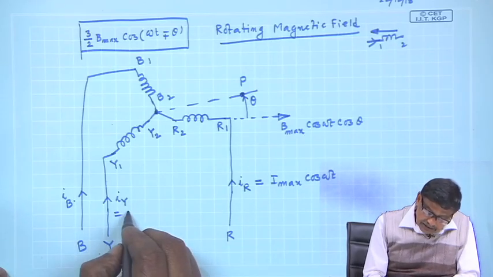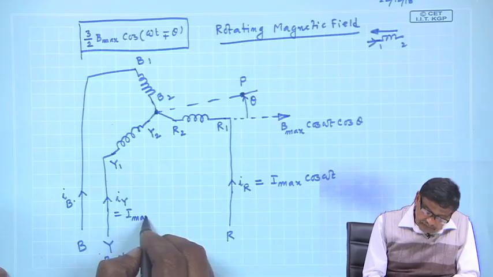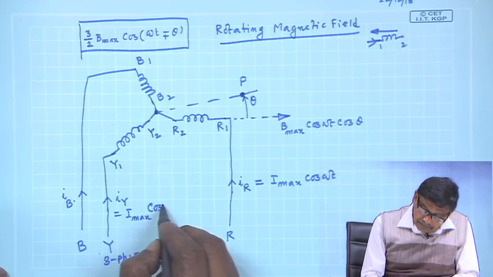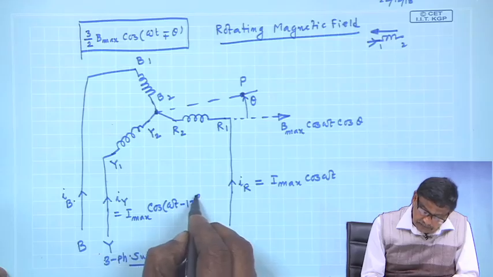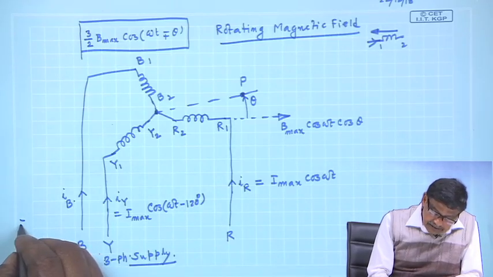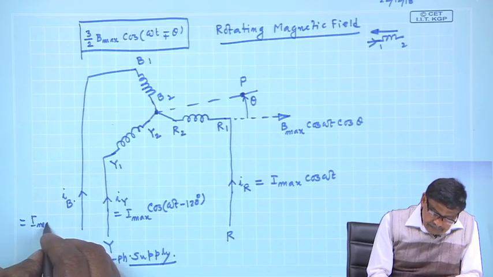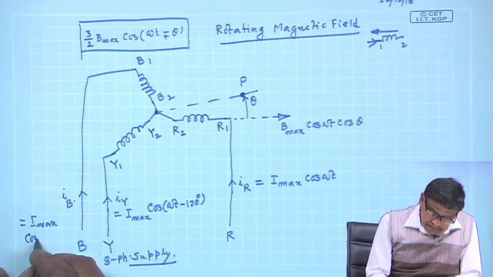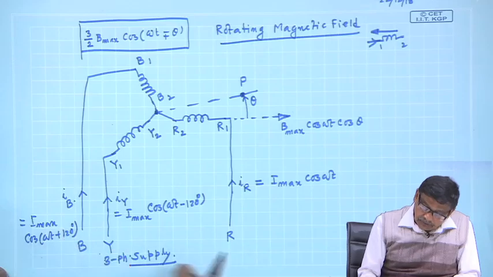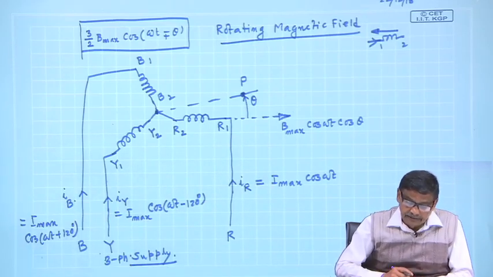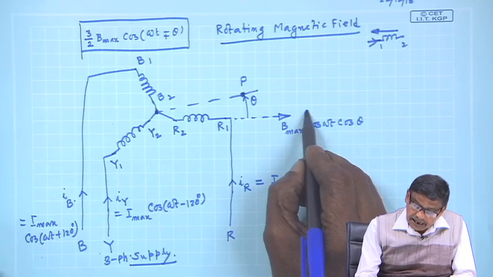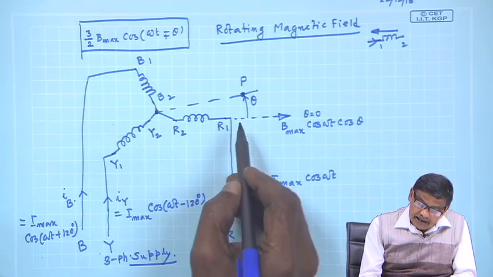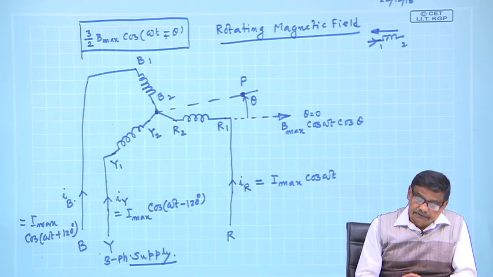assuming that I R is I max cosine omega t. Similarly, I Y is I max cosine omega t minus 120 degrees and I B is I max cosine omega t plus 120 degrees. These three balanced currents are passed, and this is theta equal to 0, the axis of R phase, and theta I will measure in this direction.